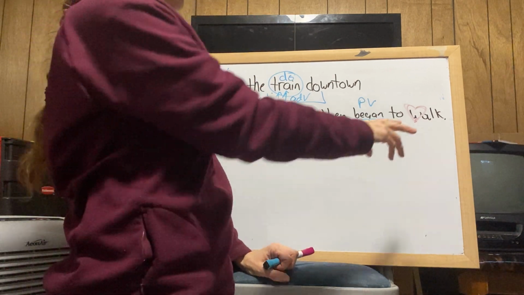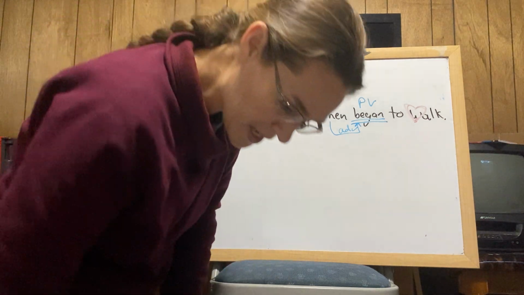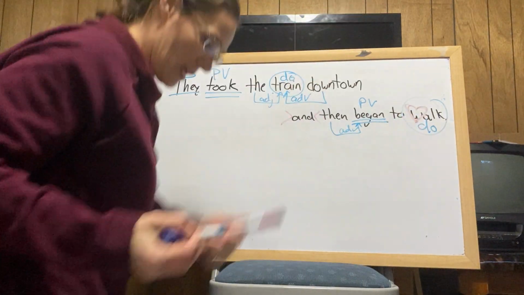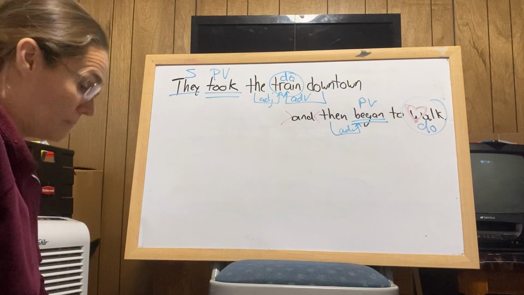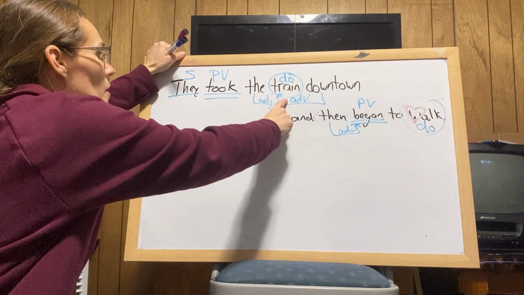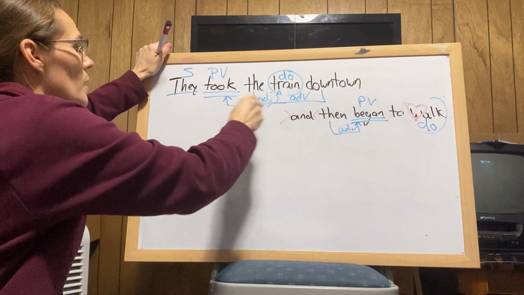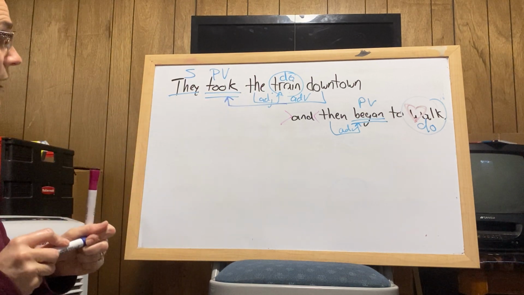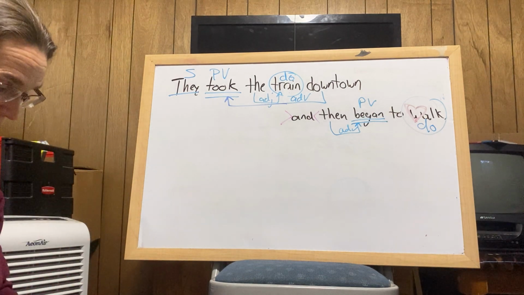Walking is an activity. So right here, it's acting as the noun, an activity, to walk. So this is a direct object, okay? Don't let that confuse you too much. It is a direct object. Oh, and downtown is an adverb, sorry, pointing to took. Where did they take it? Downtown. Which train? The train. So we have a SVTDO compound verb.